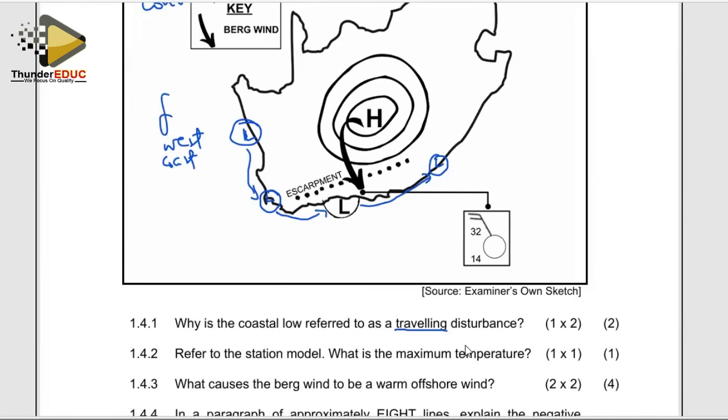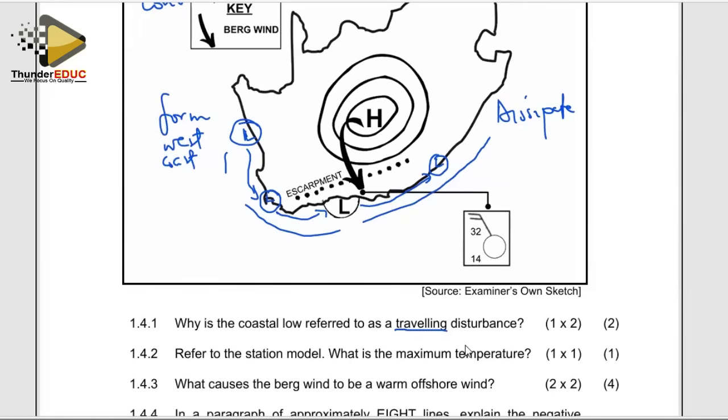That is where they form. And they will dissipate in the eastern coast. So they are traveling in the sense that they form from the west and they travel along the coast, going towards the eastern coast. That is why they are regarded as traveling disturbances.